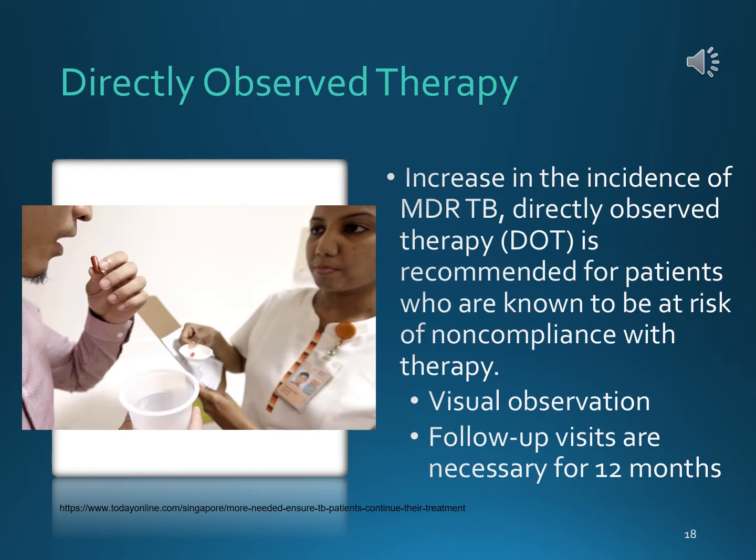There are also follow-up visits after completion of therapy to monitor for the presence of resistant strains. If you have people who are homeless, you'll have a public health nurse, not necessarily at a clinic, but will go out into the field and administer the directly observed therapy.